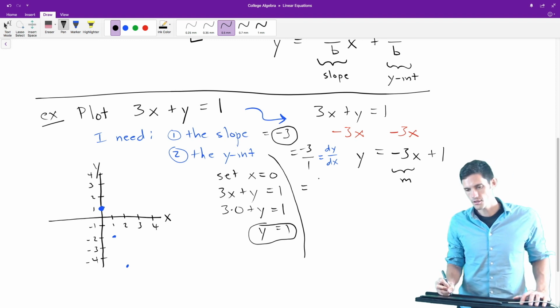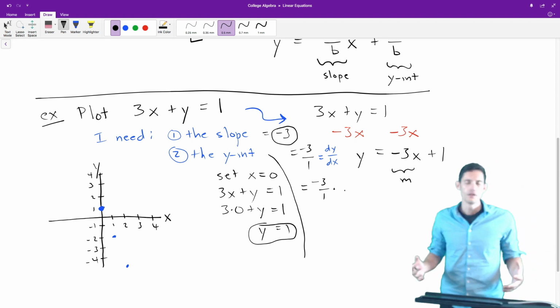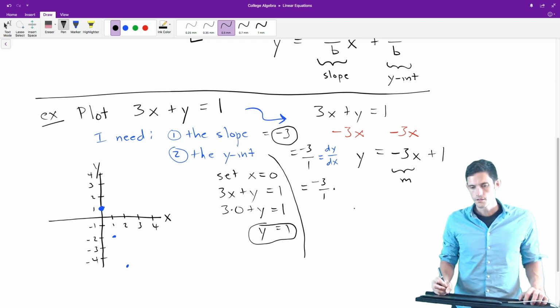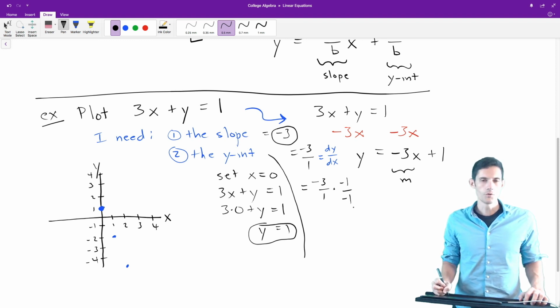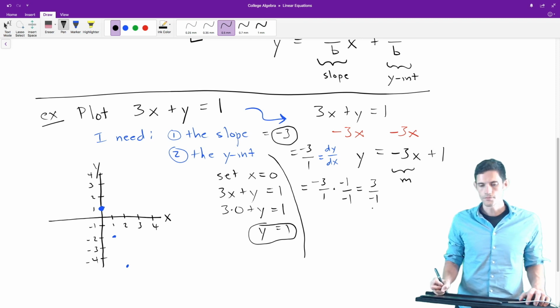If I were to take the slope -3 over 1 and multiply it by, let's say, 1. If you multiply a number by 1, that doesn't change the number, right? So what if I multiplied by -1 over -1? Because -1 divided by -1 is 1, so I'm really just multiplying it by 1. So on the top here I get 3, and on the bottom I get -1.